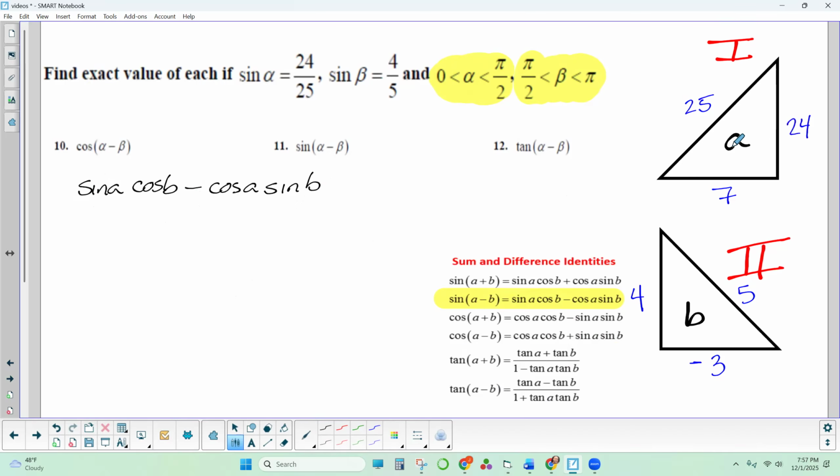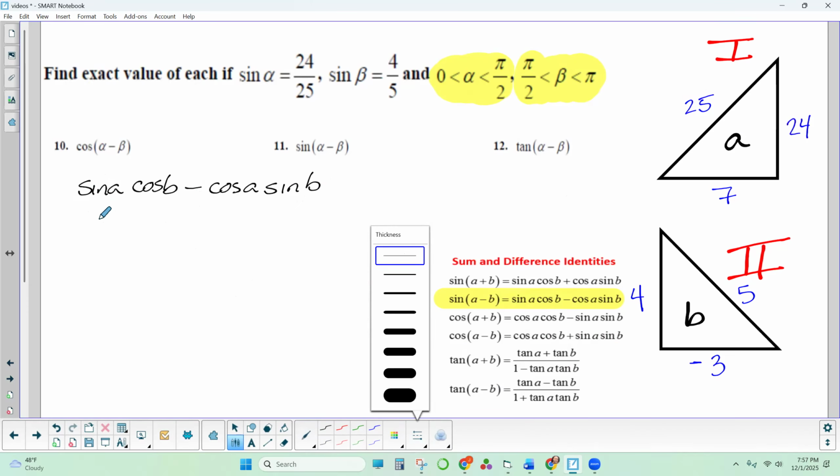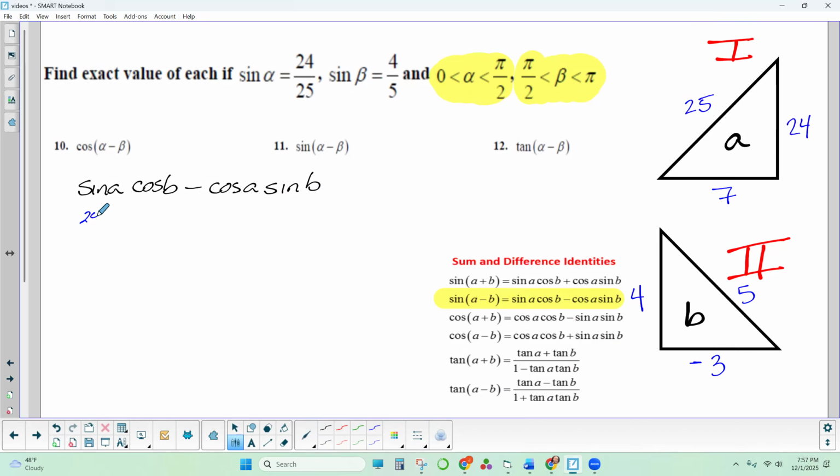And now we can go ahead and evaluate this. So sine A, y over r, is 24/25 times cosine B, come down to B, -3/5, minus cosine A, 7/25 times sine B, which is 4/5.